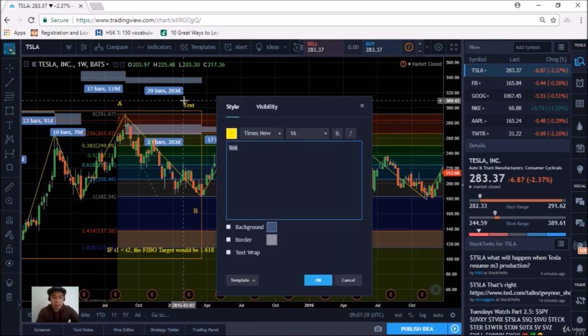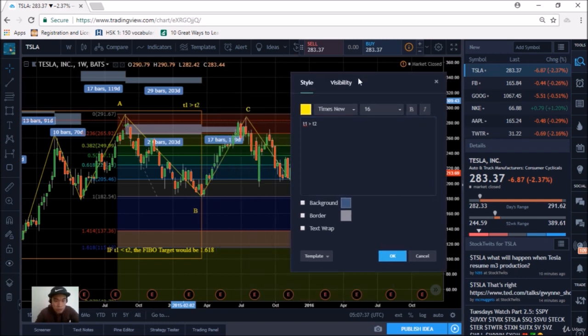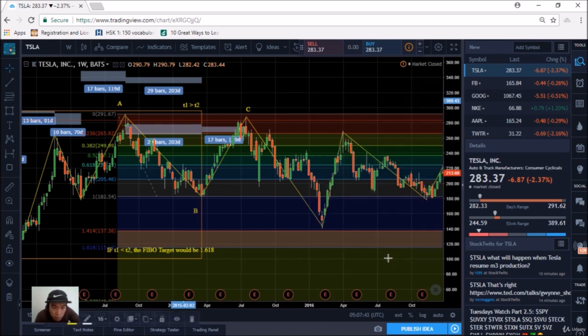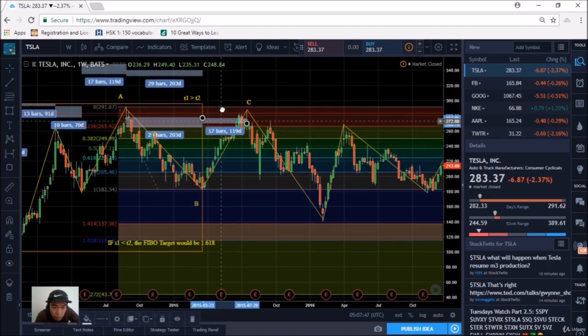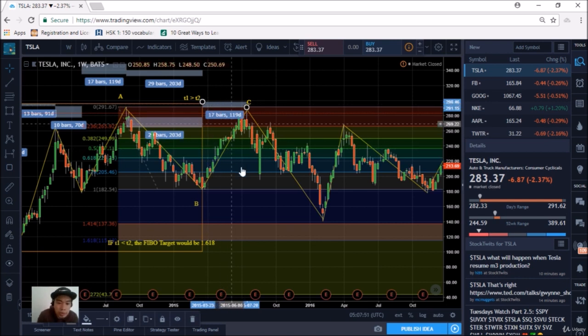So we can see that for this downward, T1 is more than T2. This one is 119 days.